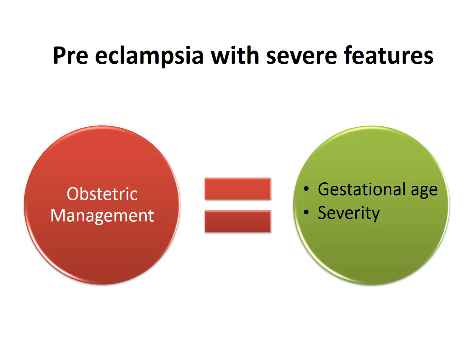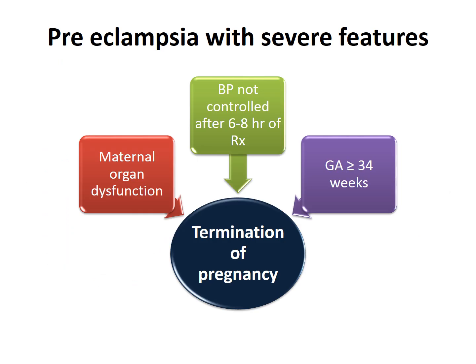After taking steps to control BP and prevent convulsion, and when the patient is stabilized, now we have to decide on obstetric management, and it depends on the gestational age and the severity of the problem. If the gestational age is greater than or equal to 34 weeks, take steps to terminate pregnancy in preeclampsia with severe features.